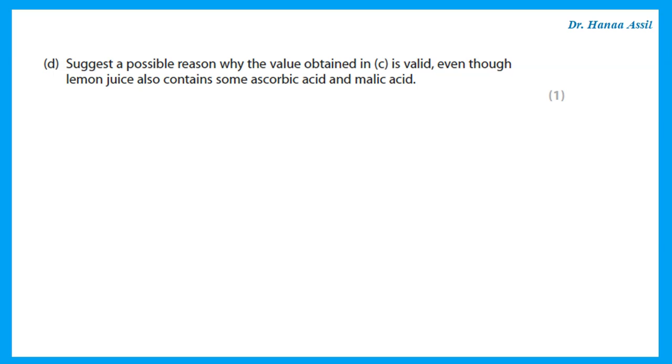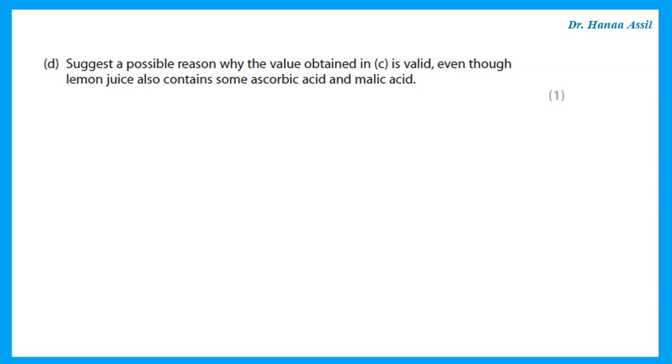So just a possible reason why the value obtained is valid even though lemon juice also contains other acids. We were calculating for citric acid, but we are told that the lemon juice also has ascorbic acid and malic acid, but that's okay. Our value is correct, or in the correct range.